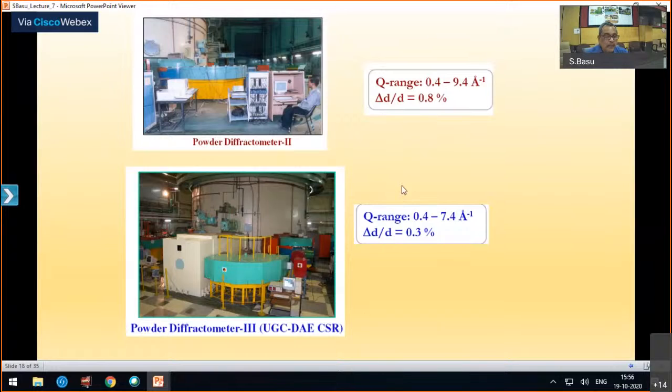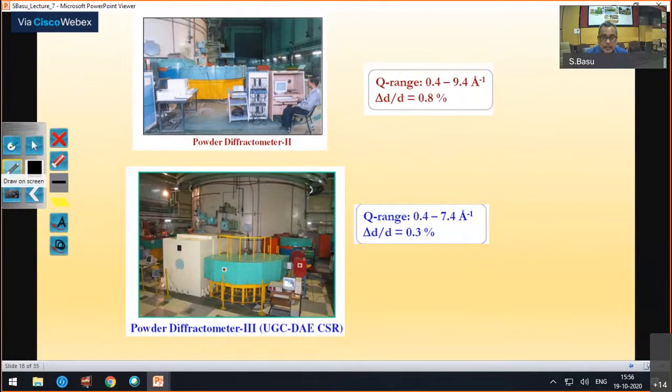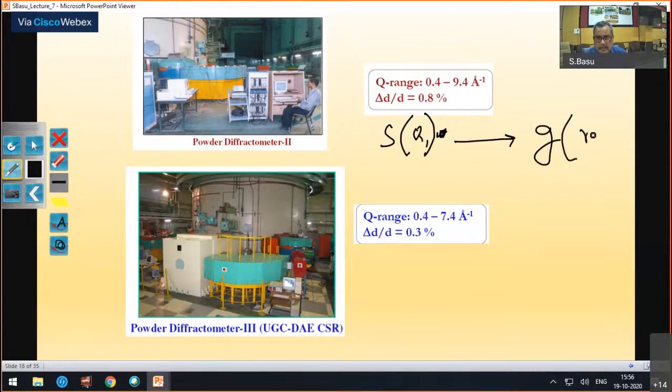So rarely we go from S(Q, omega) space, or here S(Q), no energy transfer, S(Q) to G(r), which is basically the structure in real space, through a direct Fourier transform. Rather, what we do in Rietveld refinement, we have a structure to start with. That means I have got a G(r).